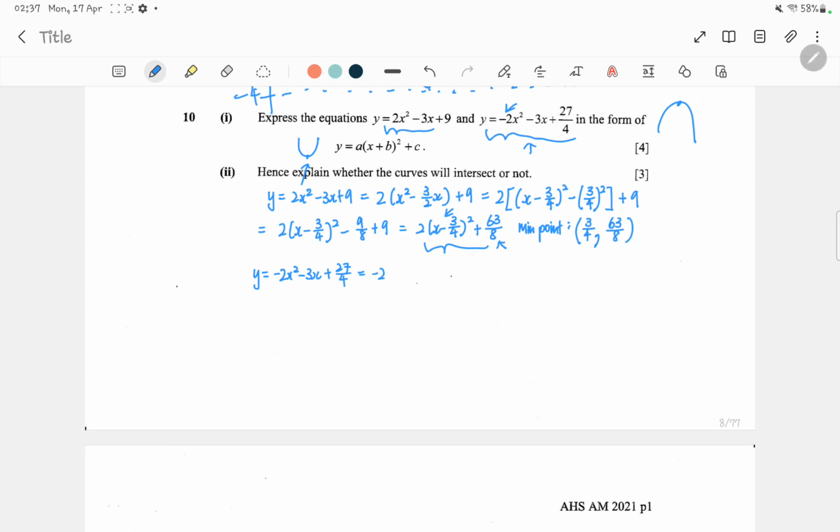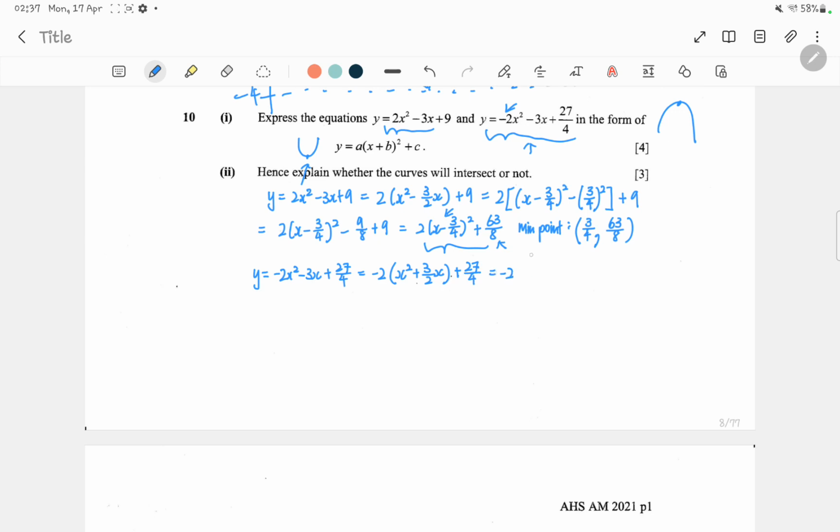So I'm going to take out minus 2, and it will be bracket x squared plus 3 over 2 x. Same as before, I'm going to leave the constant untouched, and complete the square.